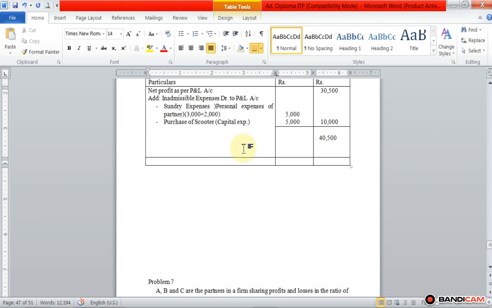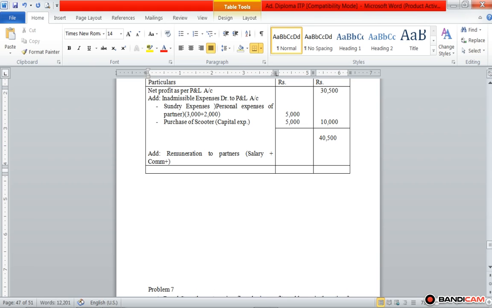Then we add remuneration to partners. Here remuneration includes salary plus commission plus bonus.